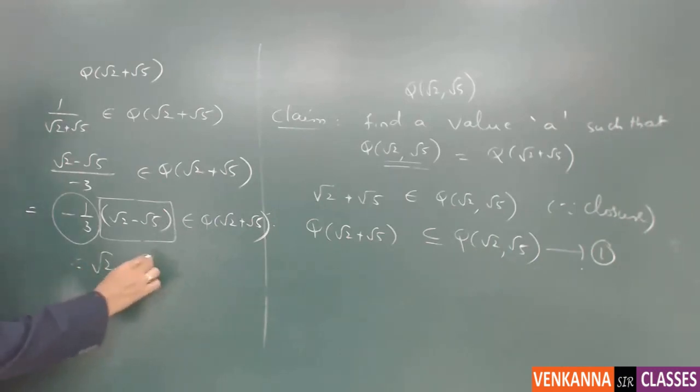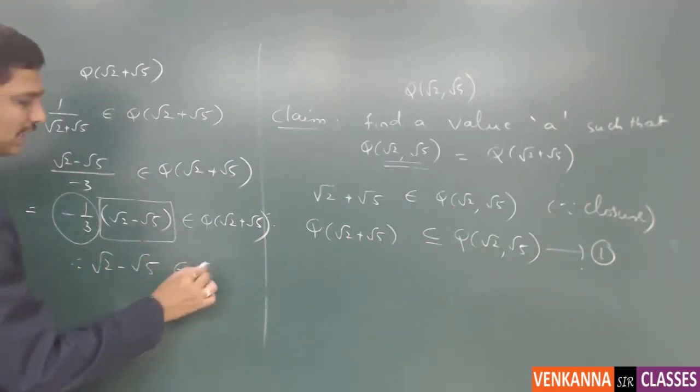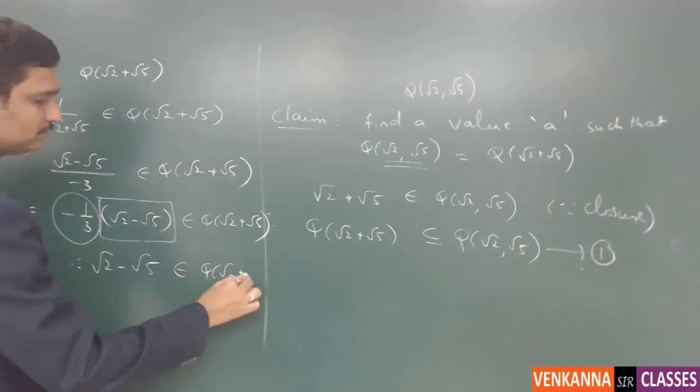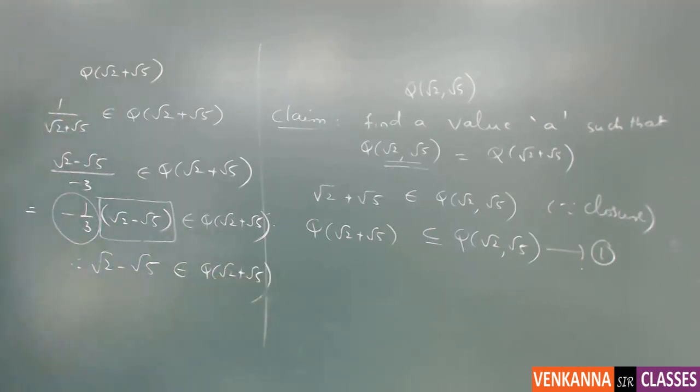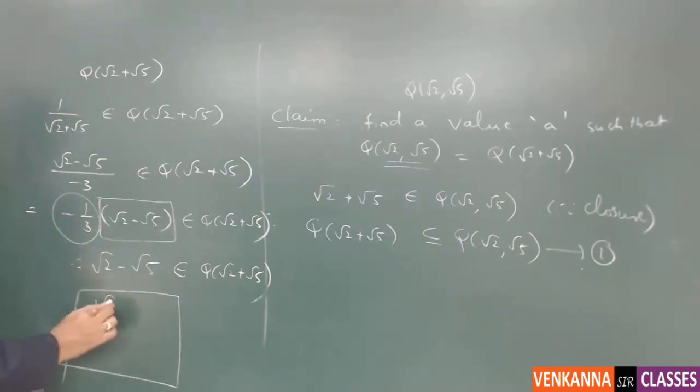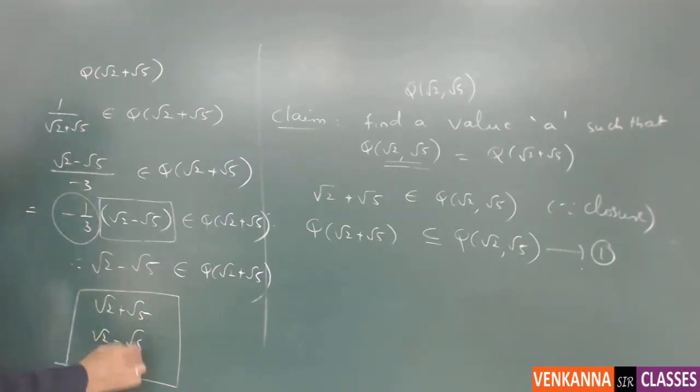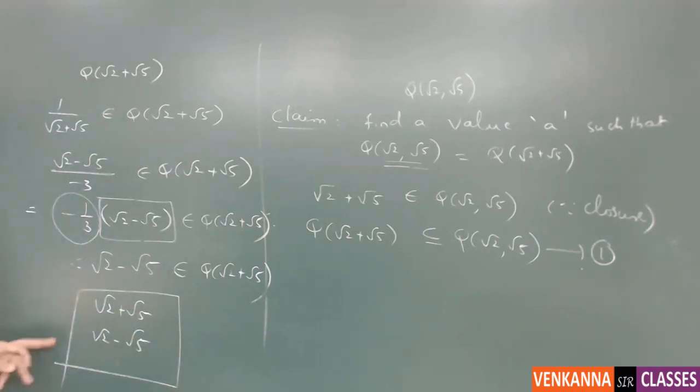Therefore, root 2 minus root 5 belongs to this set. Now, the set we have considered contains two values. Root 2 plus root 5 is one value. Root 2 minus root 5 is another value. Accept it all?